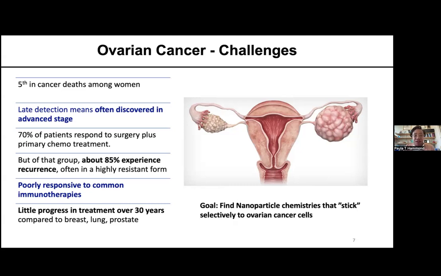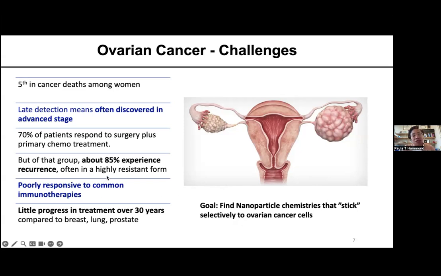However, once it is discovered at this third or fourth stage, typically patients respond to chemotherapy, but after the chemotherapy is done and there's some sign of recovery, a few years later, about 85% of those patients experience a recurrence of the cancer, usually in a really resistant form to the original therapy. So this is awful because we have a huge amount of that patient survival loss happening in this recurrent form.